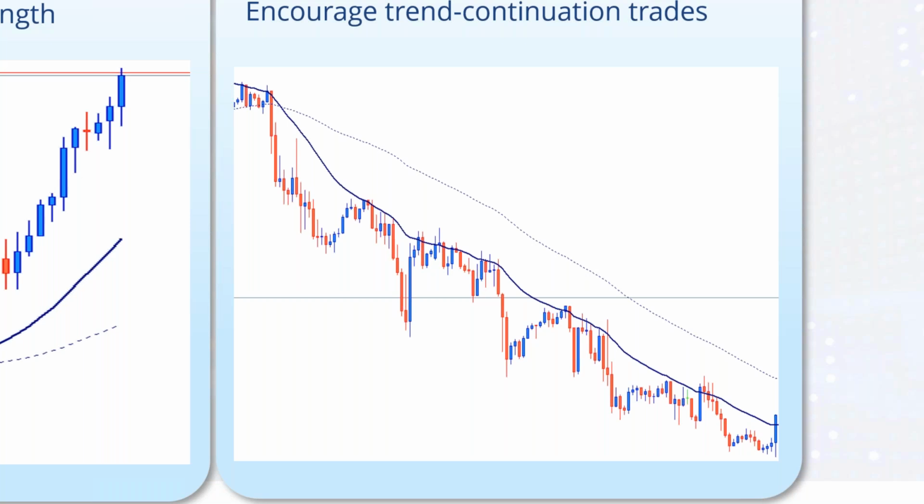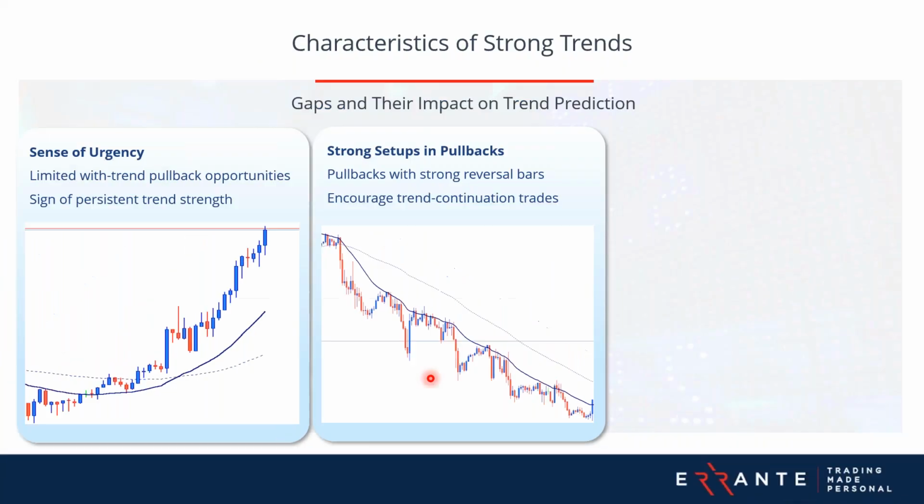And then, for example, here you see on this long red candle, a very long red candle followed by another long red candle.